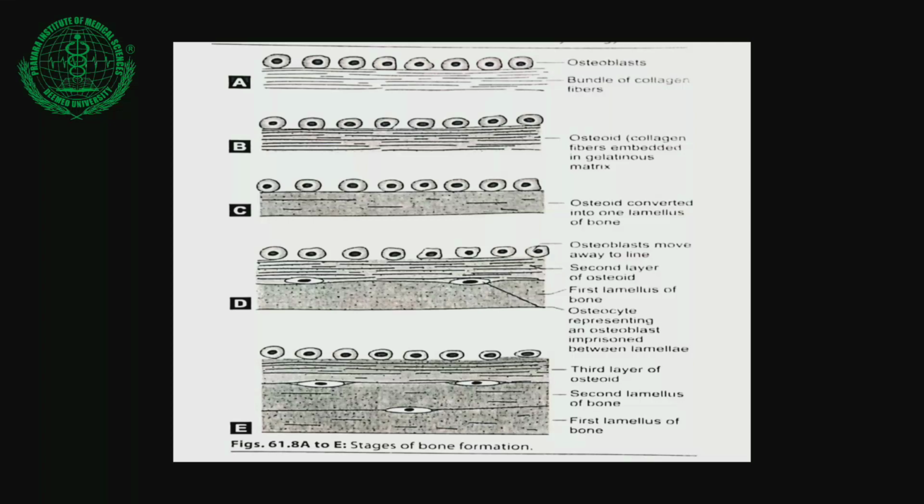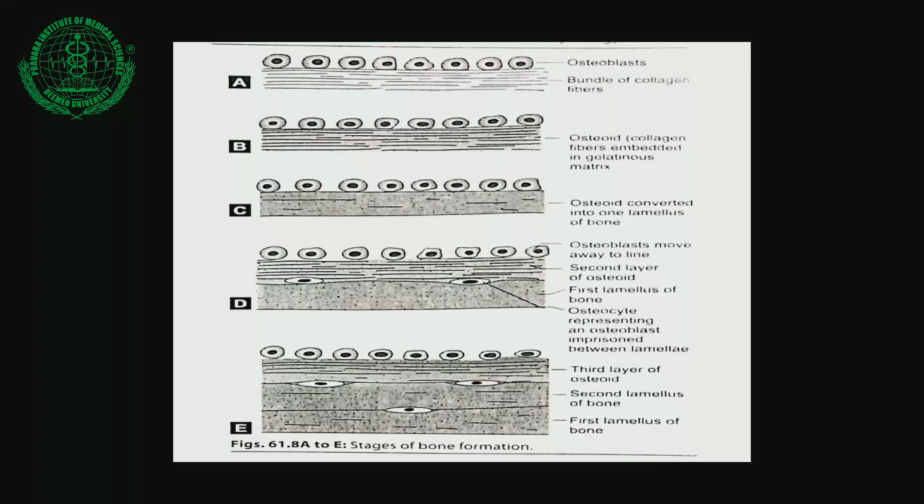So, there will be a control of bone formation and bone resorption. Factors that stimulate the bone formation are growth hormone, growth factors, insulin, estrogen, testosterone, vitamin D, PDGF, transforming growth factors, and calcitonin.